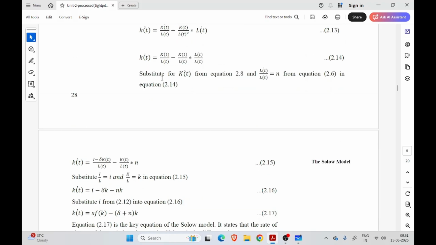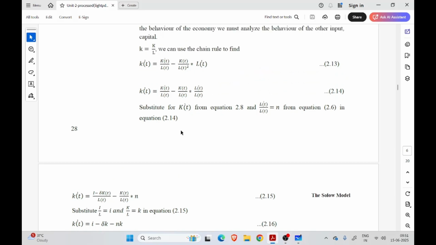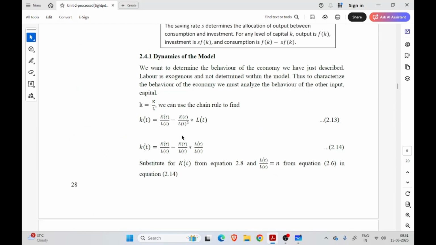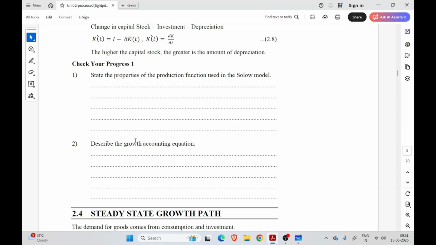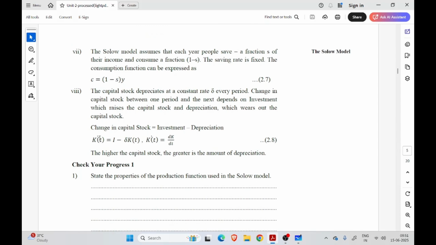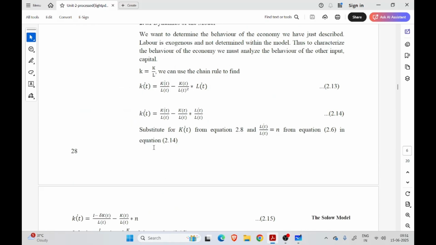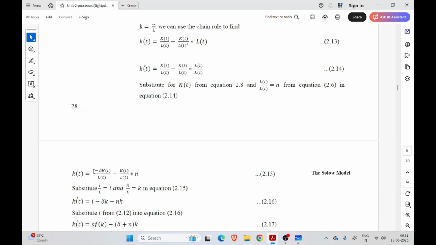Then we substitute K dot t by this, and we get this equation: I_t minus delta K_t by L_t, minus K_t by L_t into n.